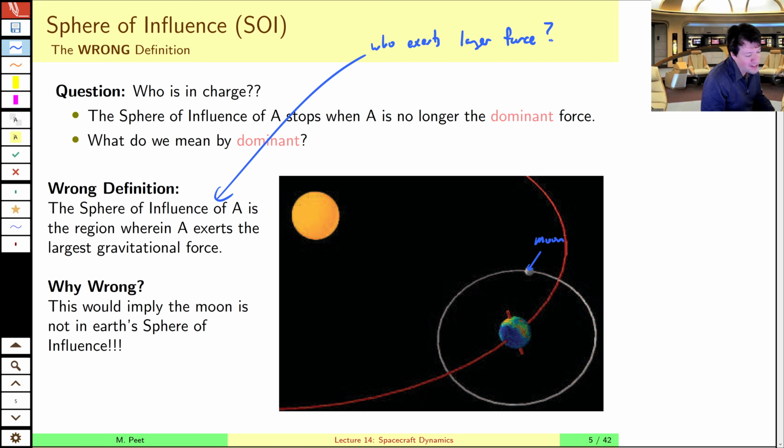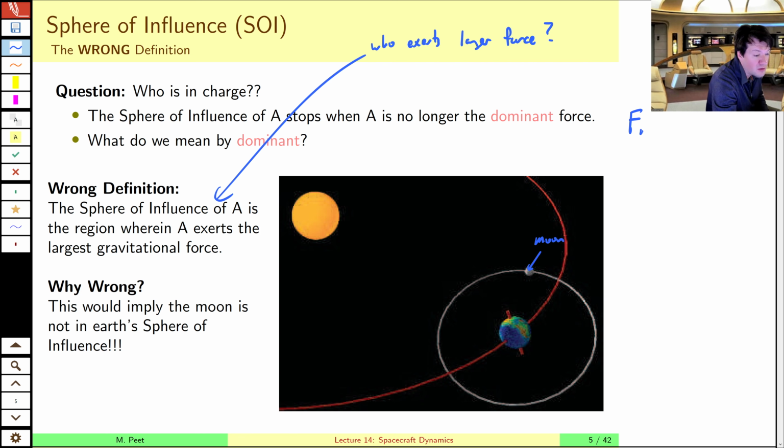And why is that? Well, that's what we're going to be trying to explain, mostly through mathematics, but partly through intuition. First of all, you can see intuitively that it's wrong because the force on the moon due to the sun is larger than the force on the moon due to the Earth. Right?